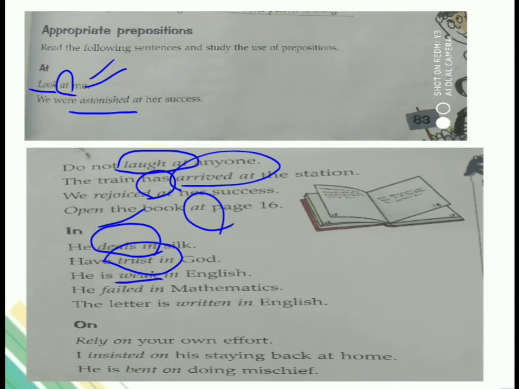Okay, let's go to the next one. On. Rely on your own efforts. Rely on your own efforts means खुद के efforts हमें करने चाहिए. We should not hope for anyone to help us. So rely on.